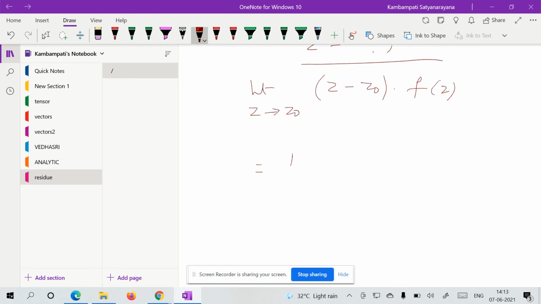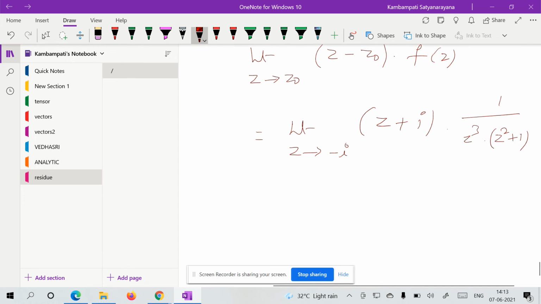So limit z tends to minus i, z plus i into f of z, whose value is 1 by z cube into (z square plus 1), the given function.